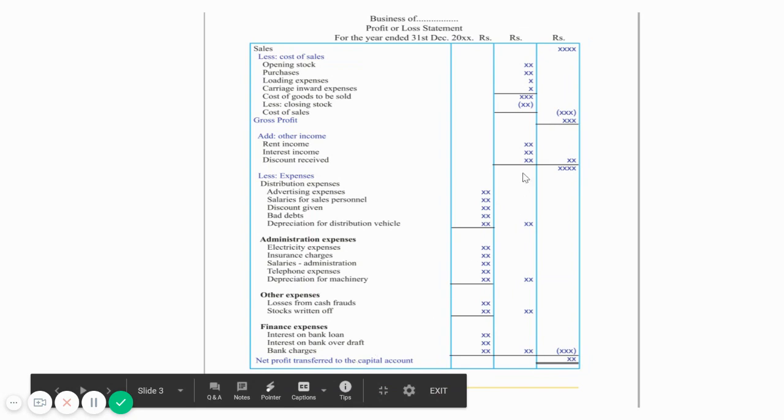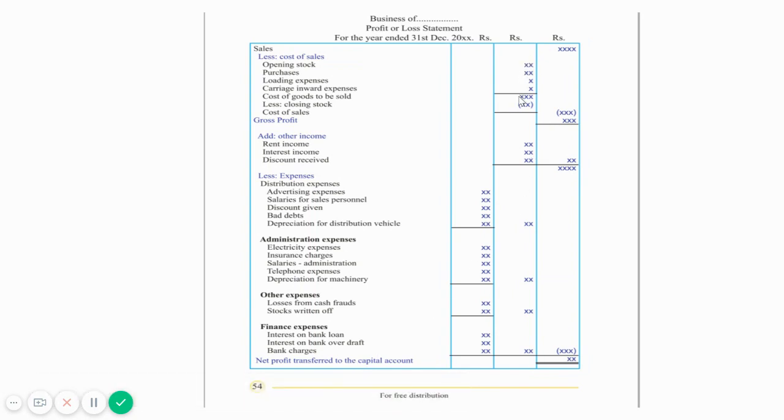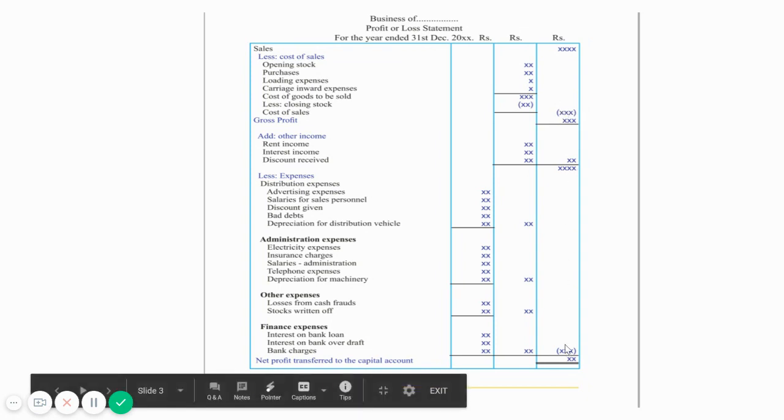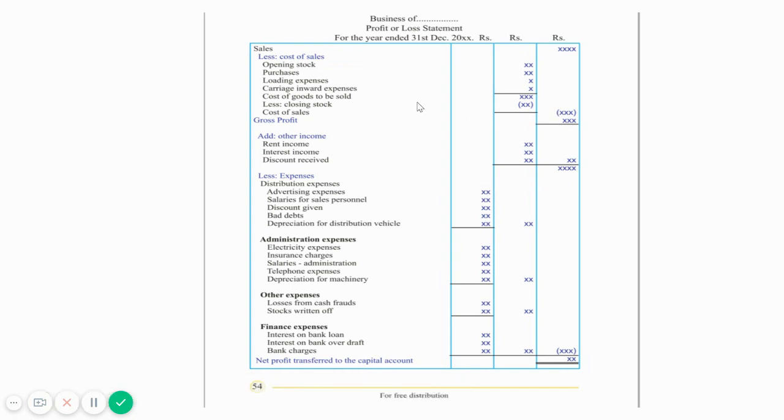As you can see, any figure which you want to less or deduct, you have to show using brackets, all the figures that you are going to less. That is according to the double entry principle. Earlier, the format was different.